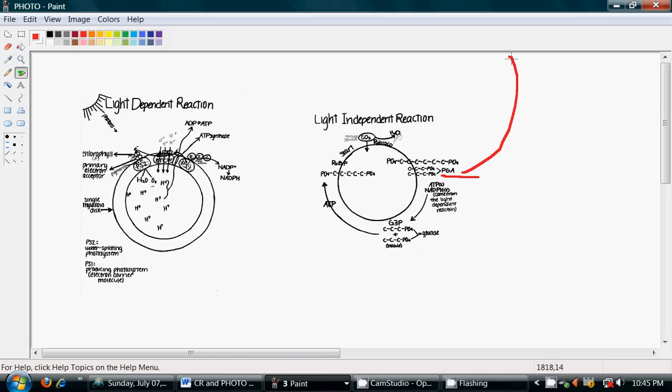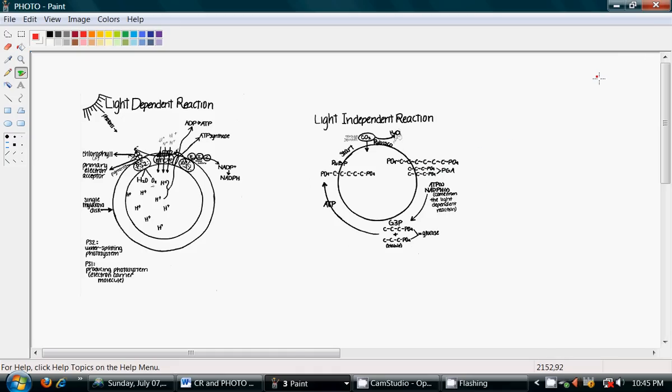Now these things go off and do other cellular processes inside of the plant, but we do not use them to make glucose, which is the most important part of photosynthesis, right? So CO2 comes in, shoves its way with this enzyme into this molecule, becomes a 6-carbon molecule, makes these PGA molecules that go off to do other things.